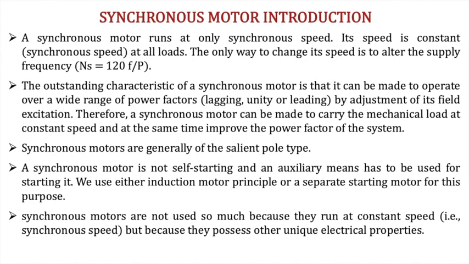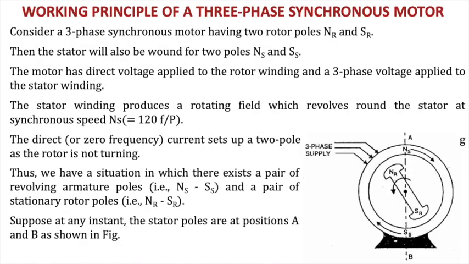Synchronous motors are not used much because they run at constant speed, but because they possess other unique electrical properties, like a wide operating range of power factors, they can be used for different purposes.